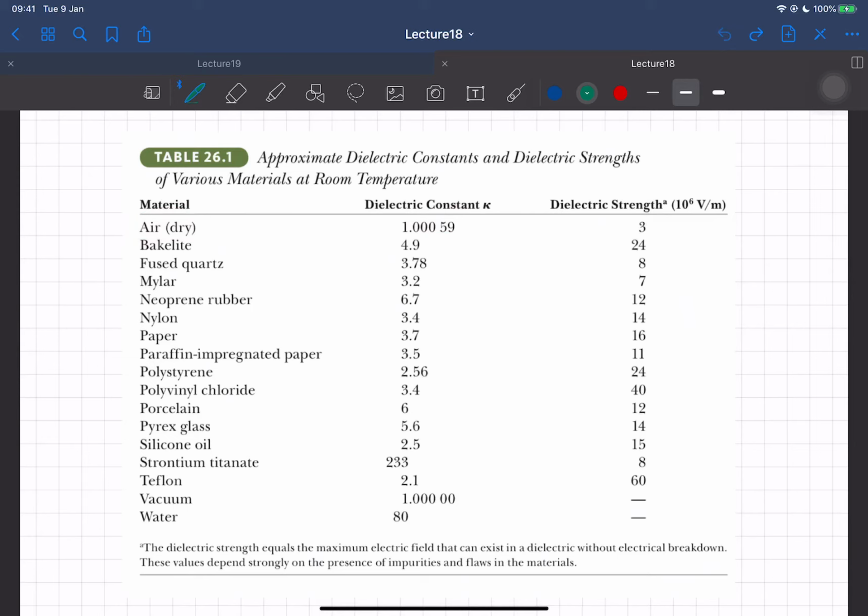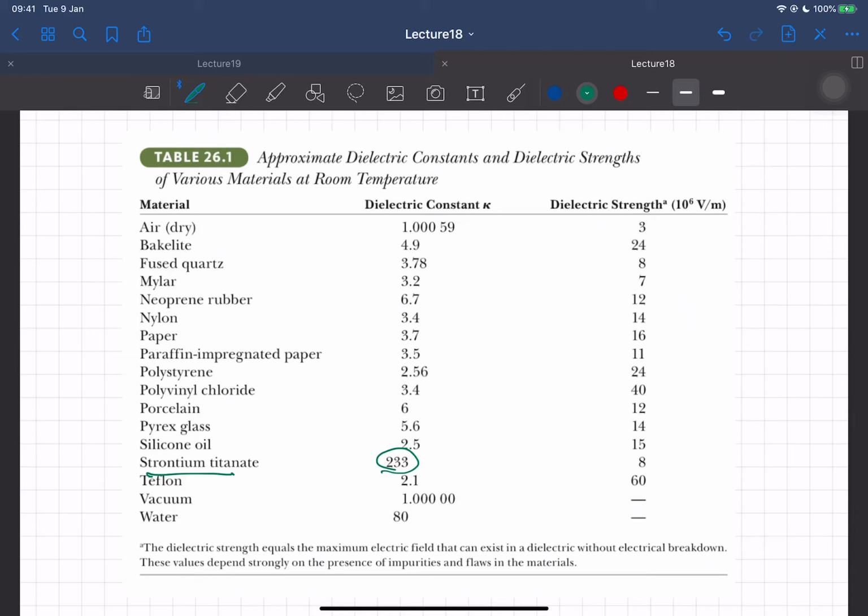And if you have some different material, you can actually make the capacitor have a lot more capacitance by just inserting, for example, this thing, strontium titanate. You can insert this between the parallel plate capacitor, and magically suddenly you have like 200 times more capacitance.